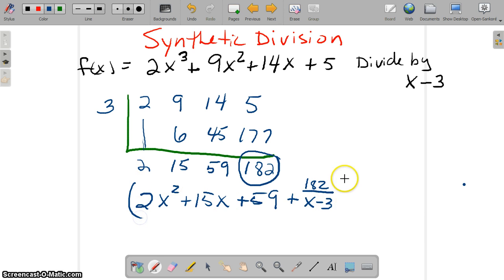What that's saying is if I multiplied this by this, I would get this. Okay? We basically just did a big old division problem. So like I said, we divided 2x cubed plus 9x squared plus 14x plus 5 by x minus 3, and instead of using that long division process we did in the previous video, we used synthetic division and basically got the same answer, and it's a lot easier and faster.